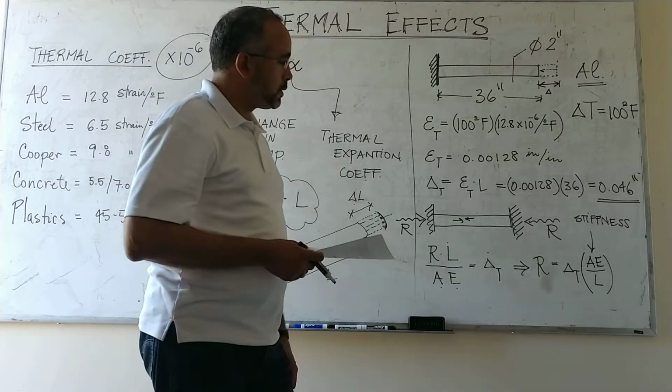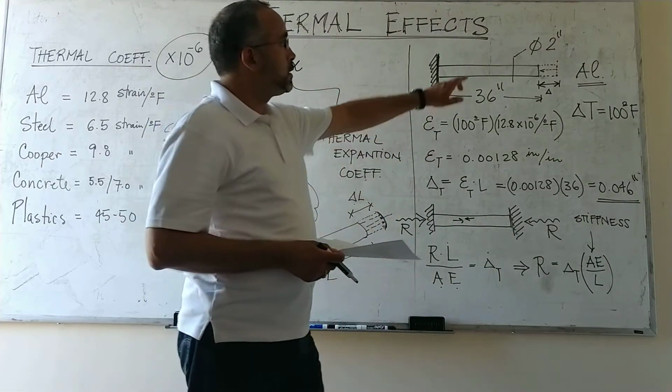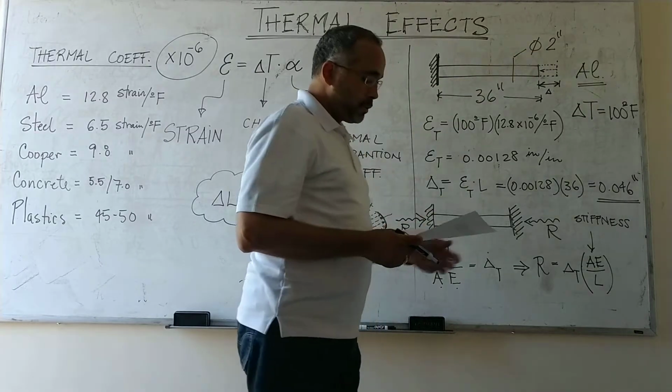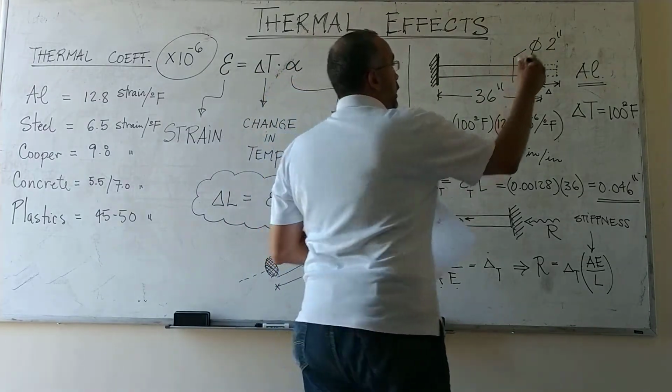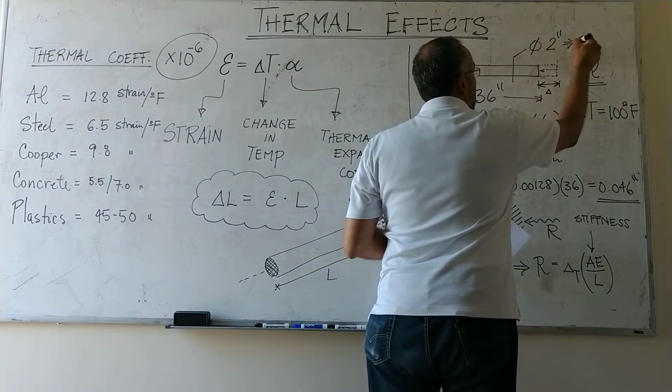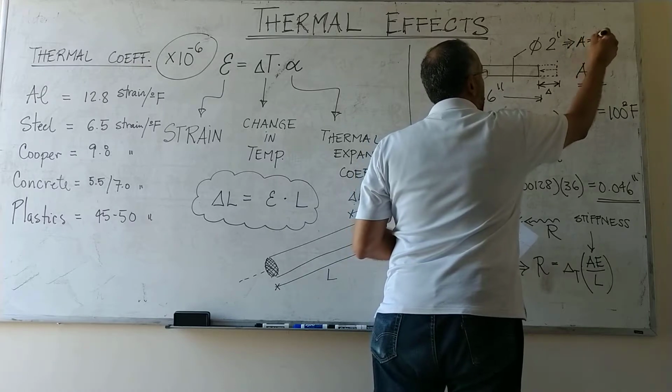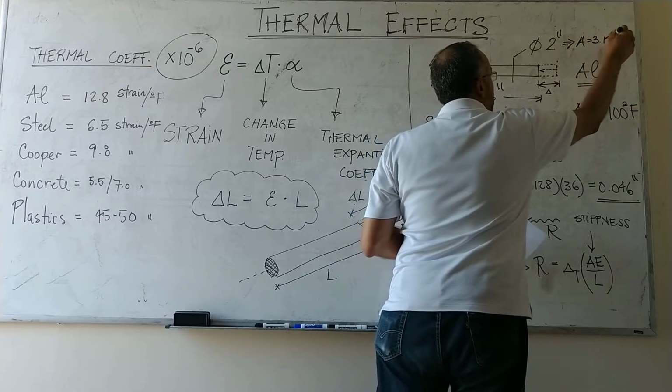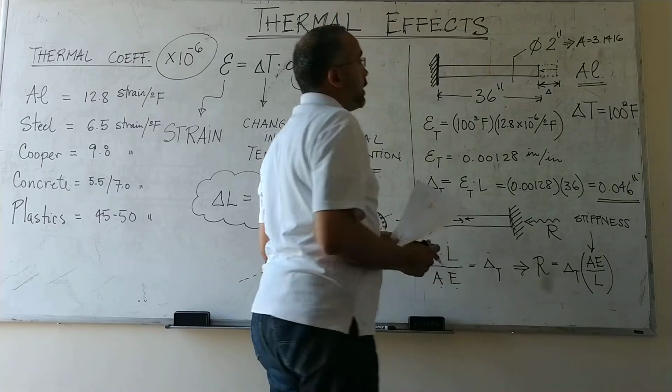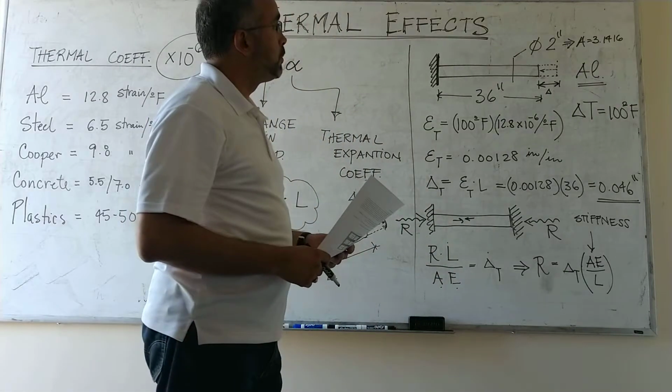And that makes sense. In this case, with a diameter of 2 inches, that gives you a cross-sectional area of 3.146, right? Which is pi diameter squared divided by 4.